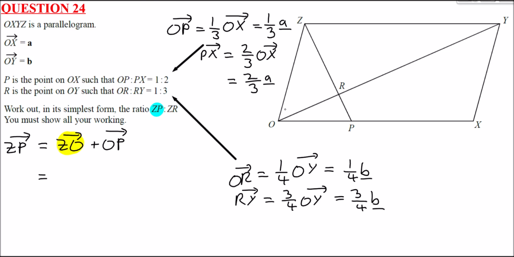I know that from O to P is going to be a third of A. So I can write down OP as a third of A, but from Z to O, I'd have to go from Z down to Y, and then from Y down to O. So I could go from Z to Y, then from Y to O, and then plus OP, and like I said, OP is 1/3 A.